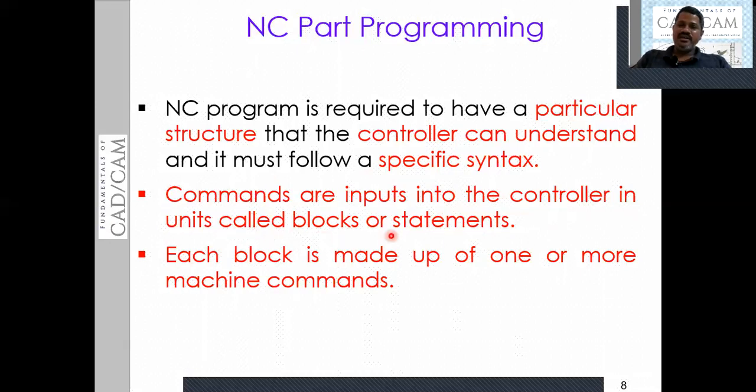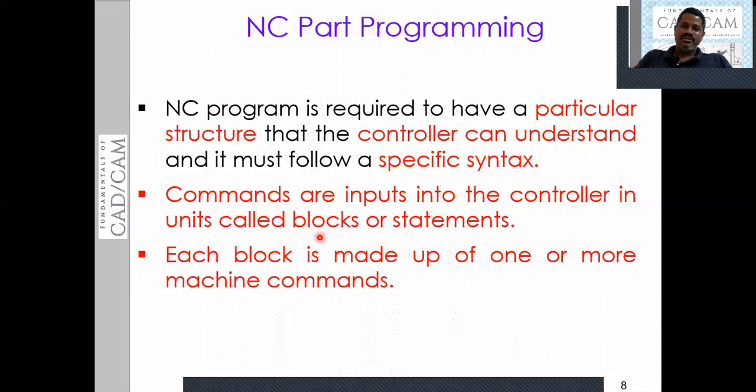One block or one statement is responsible for one action on the machine. If we combine all the blocks or statements together to complete one component, which requires a number of operations, each operation will be performed by one block of statement.